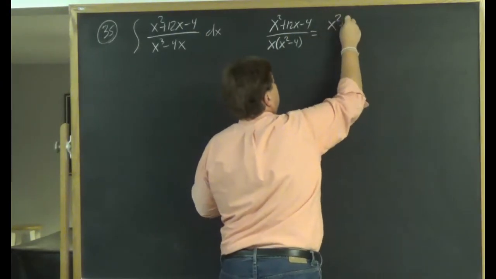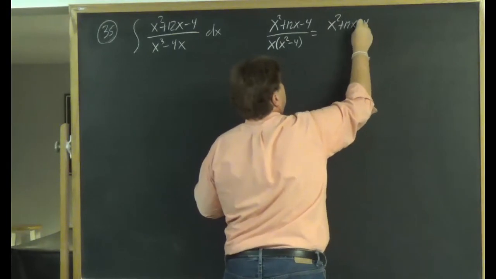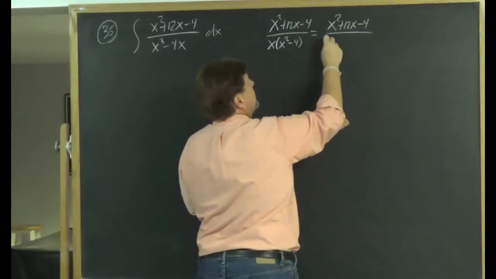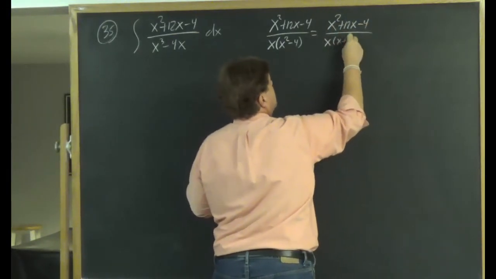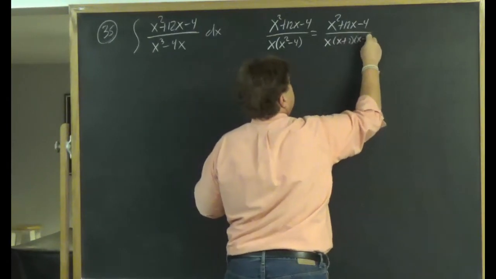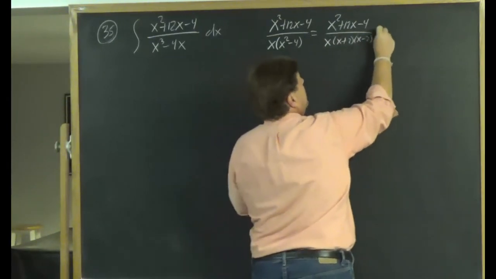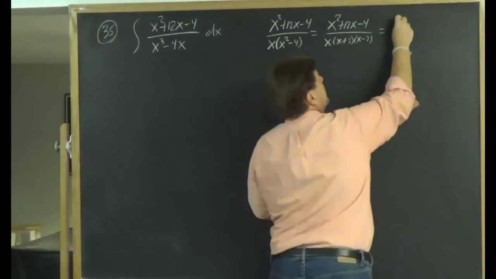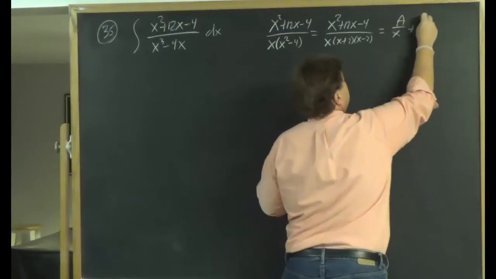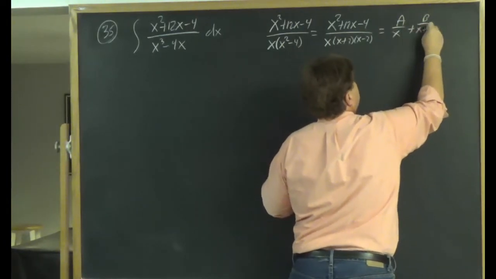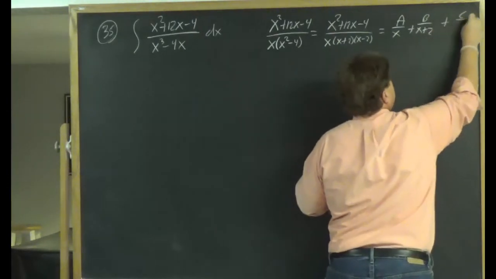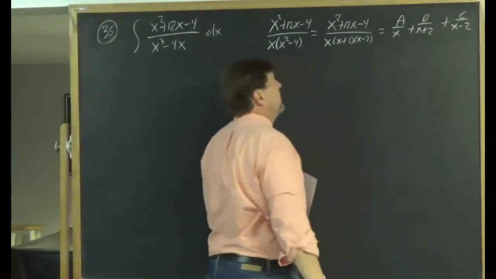Factor some more. x squared minus 4 factors to x plus 2 times x minus 2. Set up my partial fractions. A over x plus B over x plus 2 plus C over x minus 2.